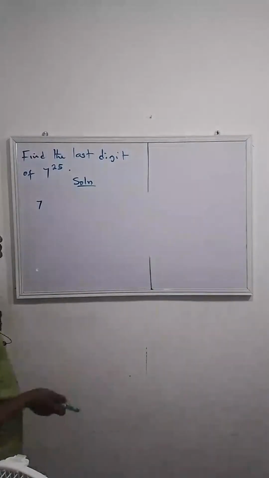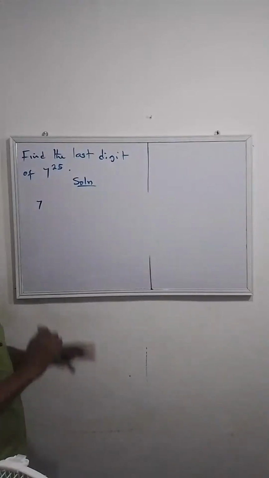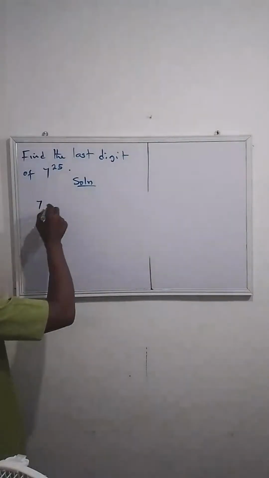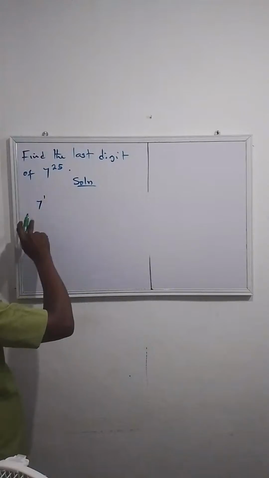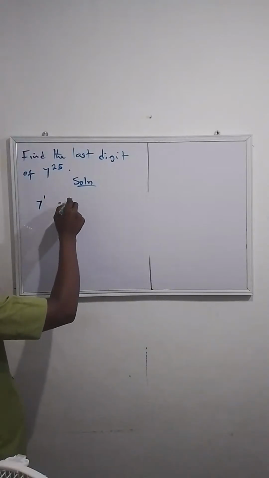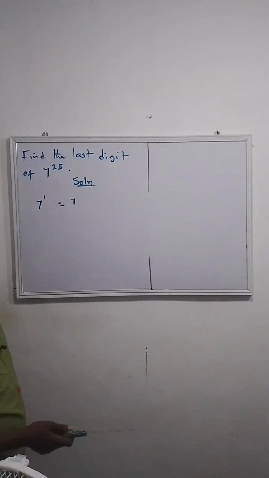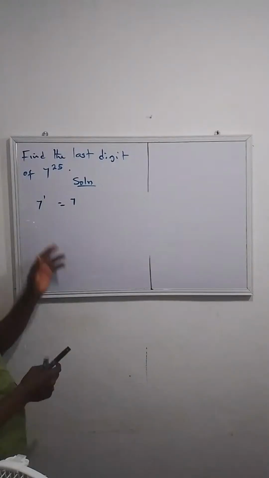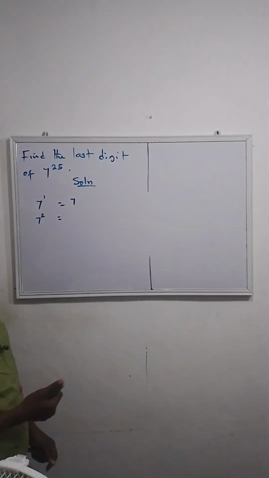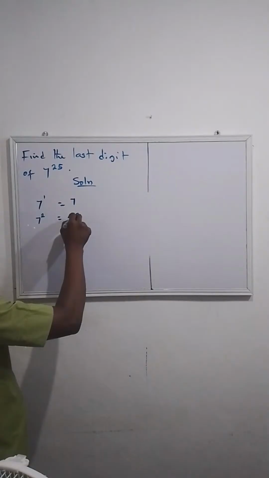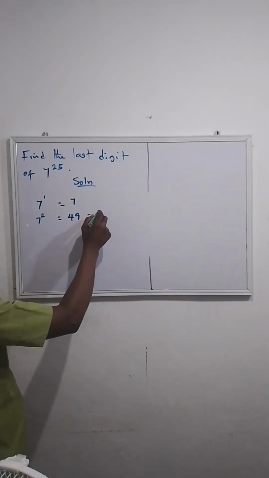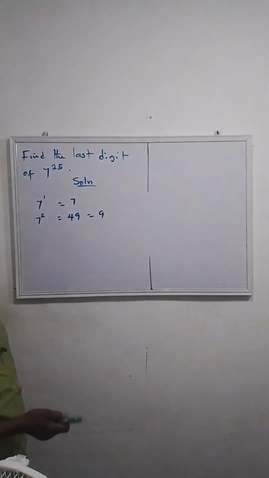So we start by having all the digits. So you start by saying 7 raised to the power of 1. So that is 7. Okay, so 7 raised to the power of 2, that gives you 9, because you have 49. So 49, last digit of 49, we have 9.